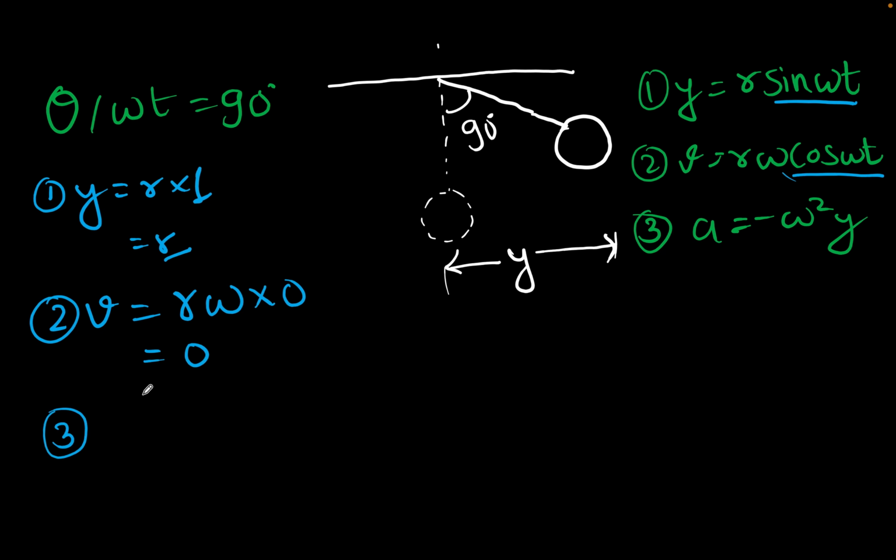Likewise, acceleration is minus omega square y, and if we replace y with r right here, then we get a equals minus omega square r. Again, r is the amplitude here, not the length of the pendulum.